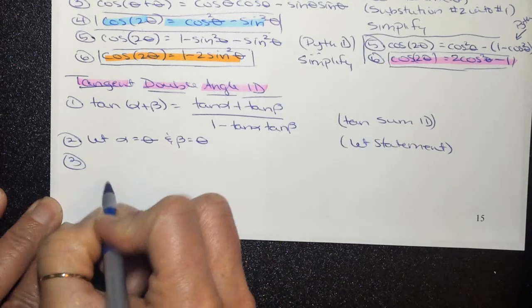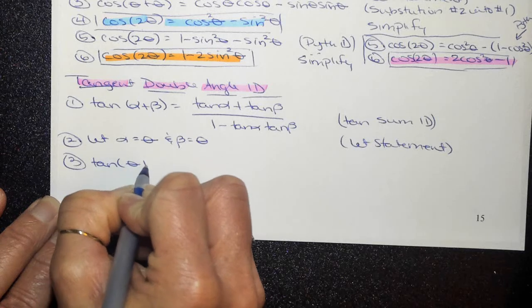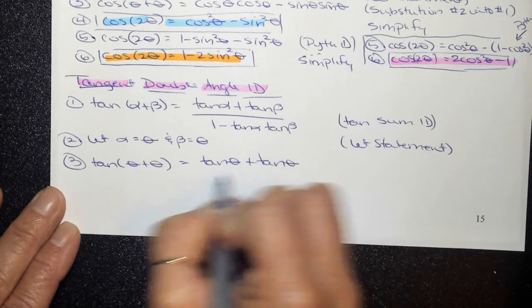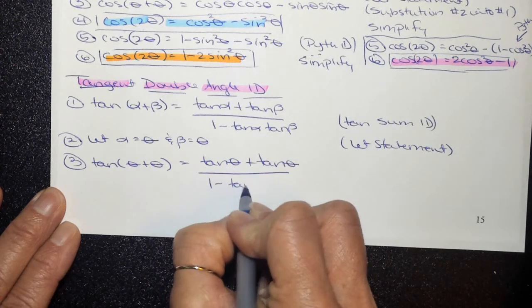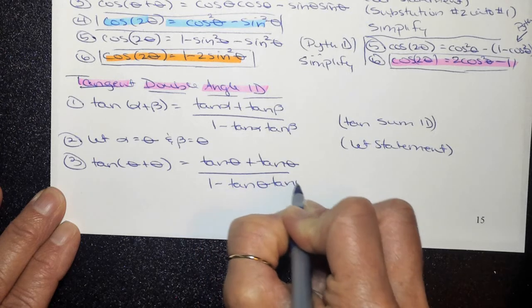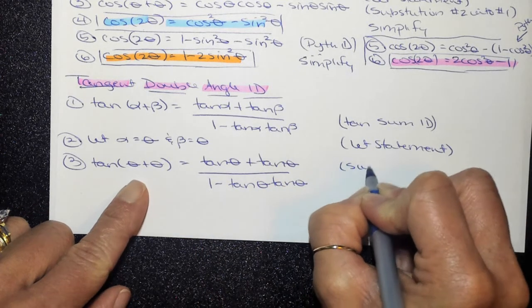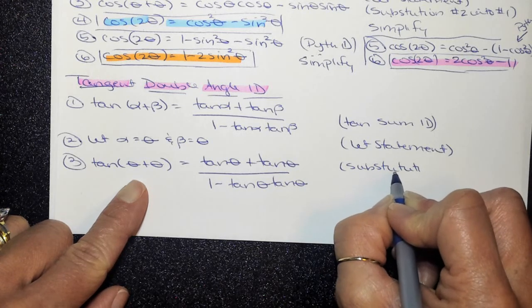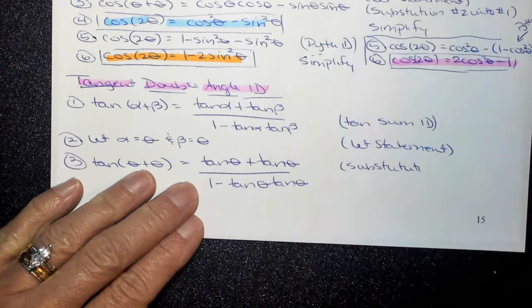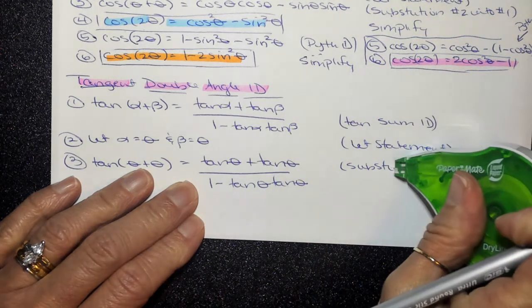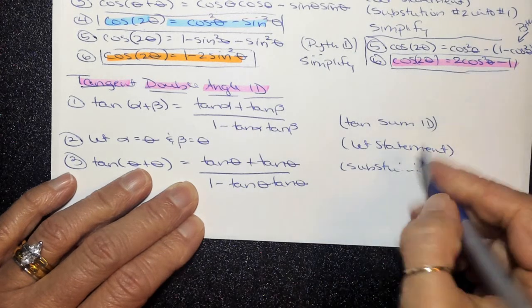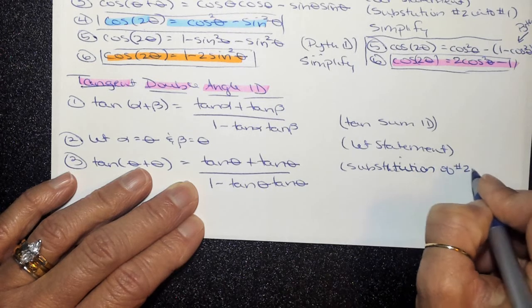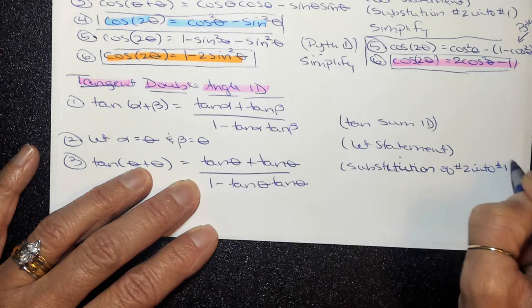Then we'll make our substitution. So we have the tangent of theta plus theta is equal to tangent theta plus tangent theta over 1 minus tangent theta tangent theta. And this is substitution of number 2 into number 1.